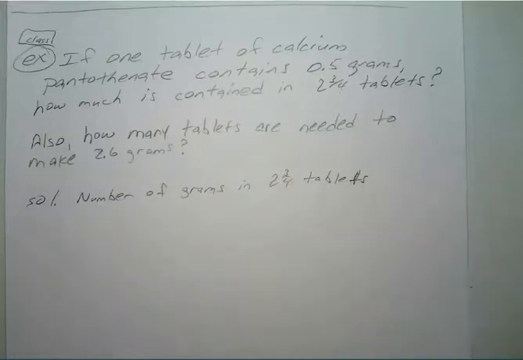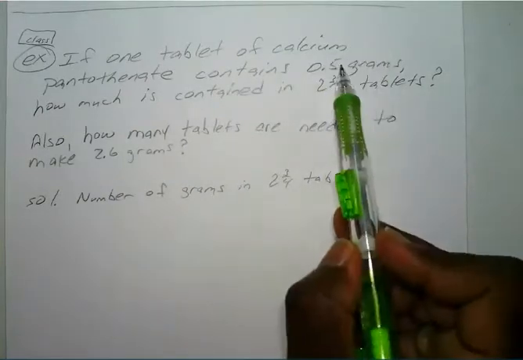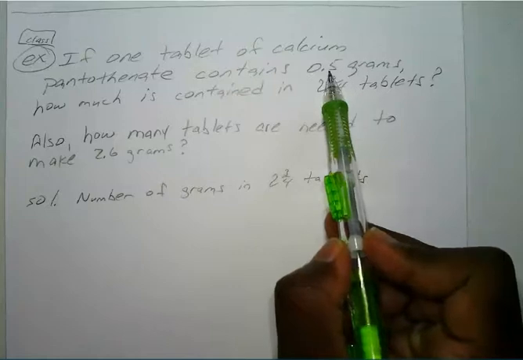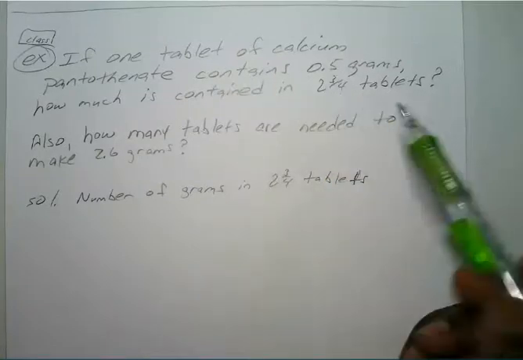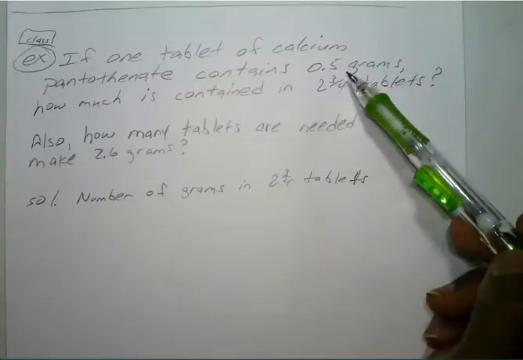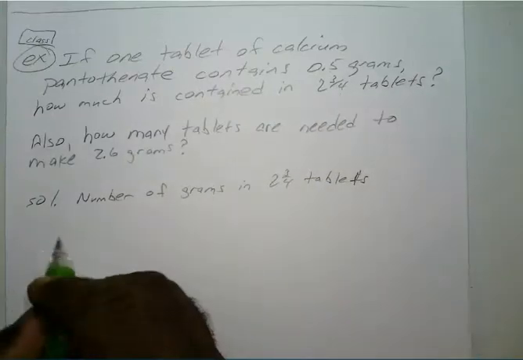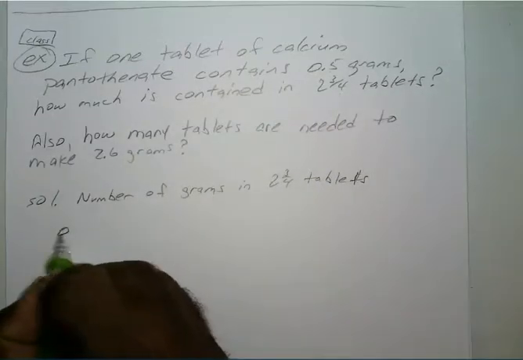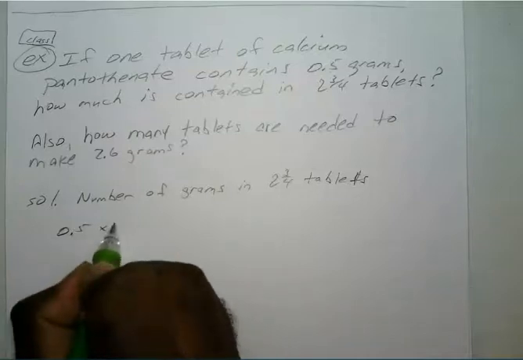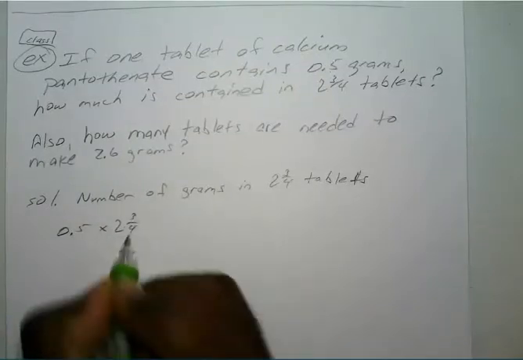We know each tablet contains 0.5 grams. So what we're going to do is take 2 3/4 and multiply it by 0.5. 0.5 times 2 3/4.